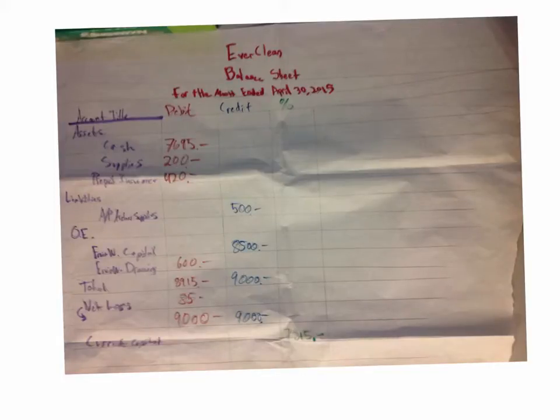Alright, for the balance sheet, they should have two rows. One row for the assets here, but then the liabilities and owner's equity should be over here in a separate, whole column.